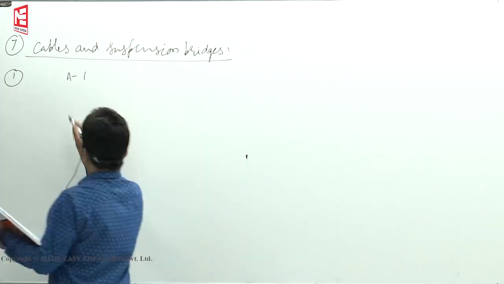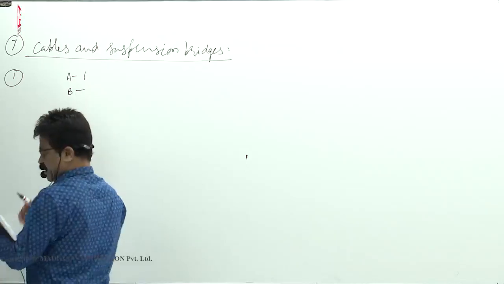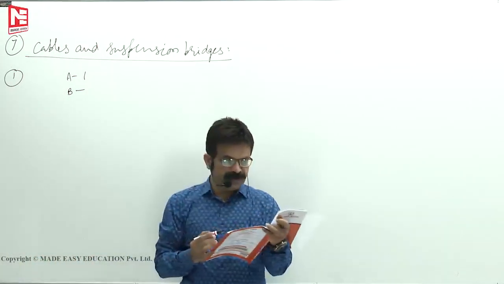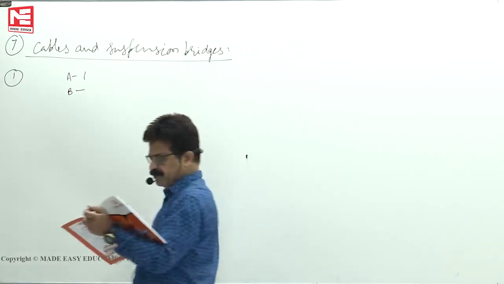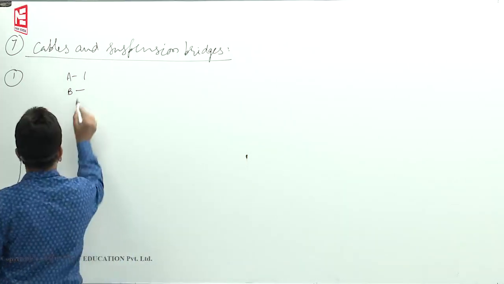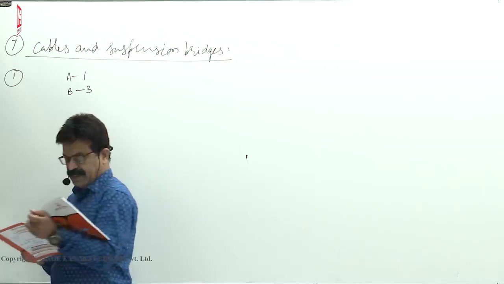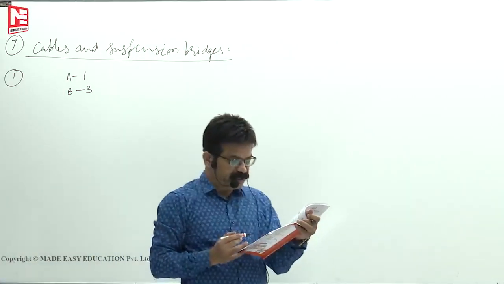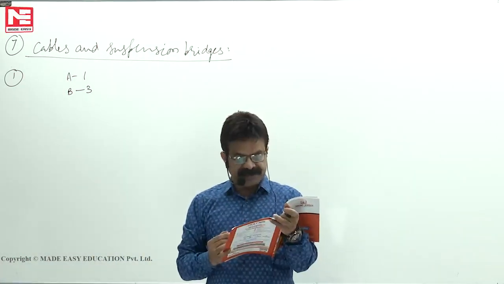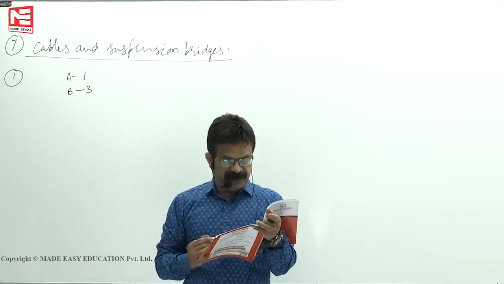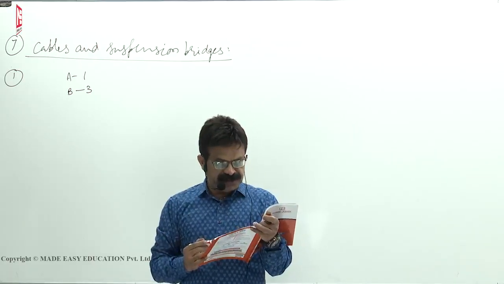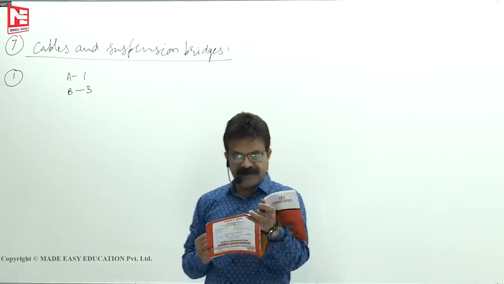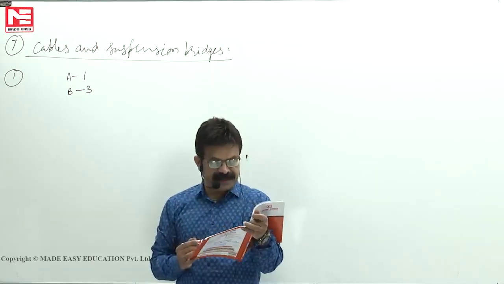Next, B. A cable uniformly loaded along the horizontal span takes the shape of a parabola. B is parabola, B3. The cable uniformly loaded along its length assumes the shape of, uniformly loaded means again a parabola.